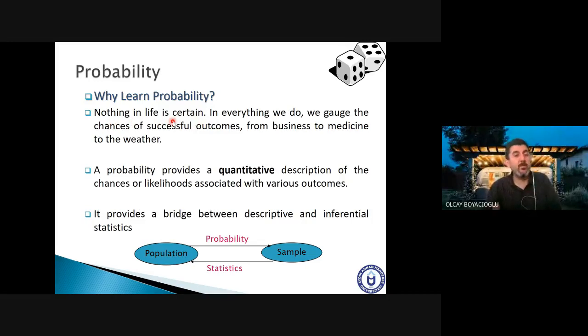All right, so nothing in life is certain. For example, am I going to get coronavirus tomorrow? I don't know. Maybe it is possible. How possible? There are some numbers like those. Every city in Turkey is now colored with different colors. Aydin, I believe, is orange now, and 2 weeks ago it was yellow.